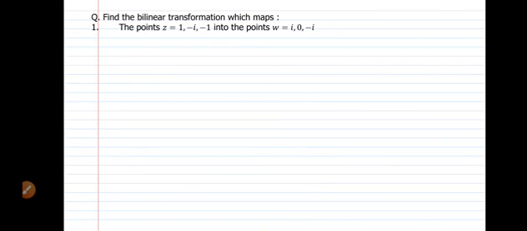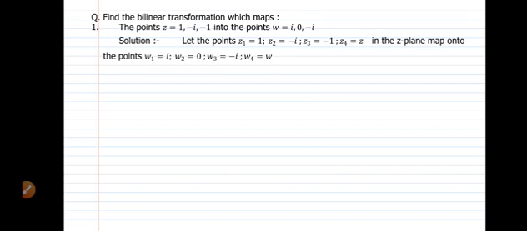We have to find the transformation w in terms of z. So the procedure is, first consider the given points in the z plane as z1, z2, z3. We require 4 points actually, so we will consider the fourth point z4 as some general point z.